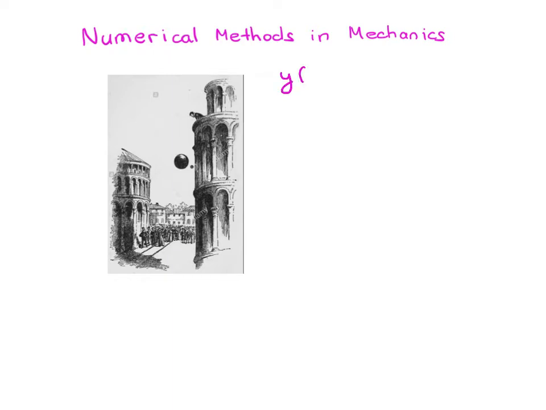So Galileo was able to write down that the y coordinate of his object was equal to its initial position minus 1/2 gt squared.